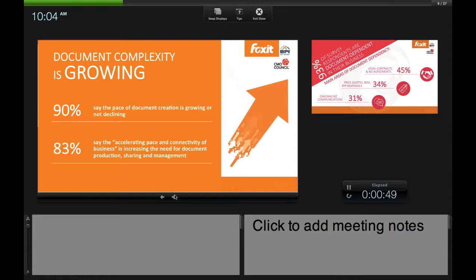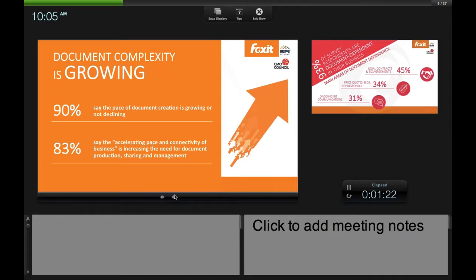So one thing that is very clear from this study, the complexity and dependencies of dealing with documents has not been reduced by technology, and in fact is growing. Some 90% of everyone who responded to our survey said that the pace of document creation within their businesses is either growing or at least not declining, and a large majority said that it was growing.